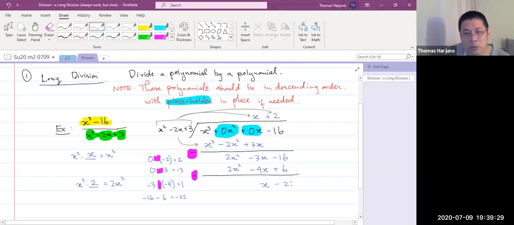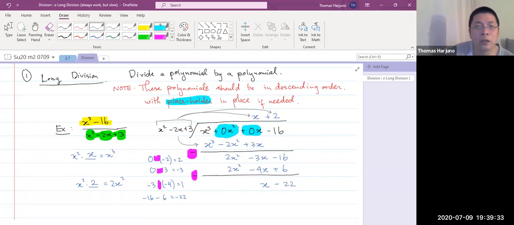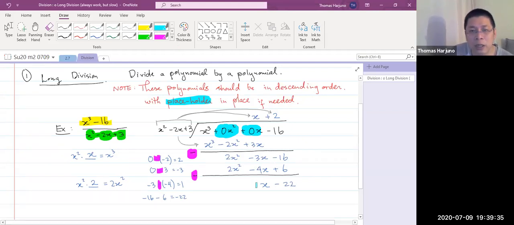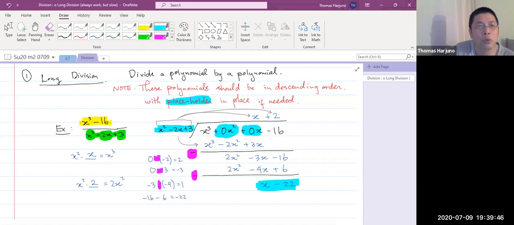Now, once your degree is less than the divisor, this is degree of 1 here, but the divisor is degree of 2, then we know we can stop.